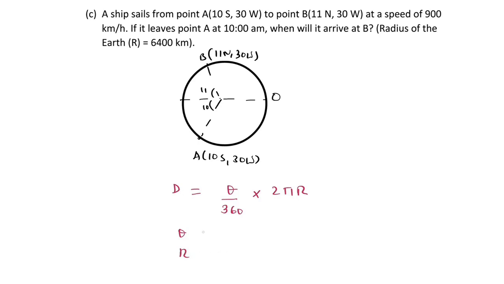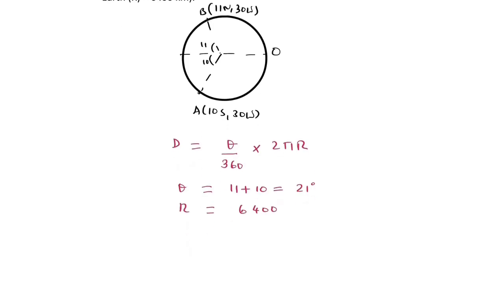Finding the difference in latitude, we take 11 plus 10, which equals 21 degrees, and our radius equals 6,400.